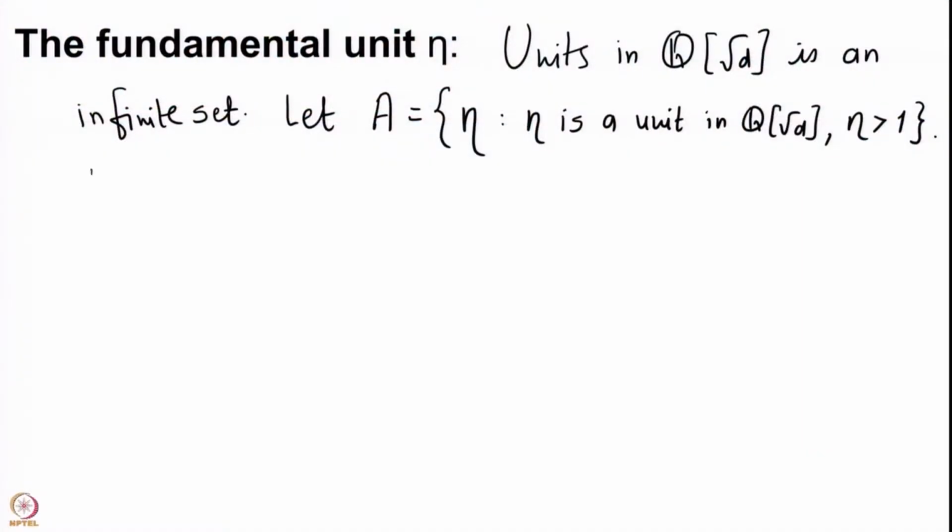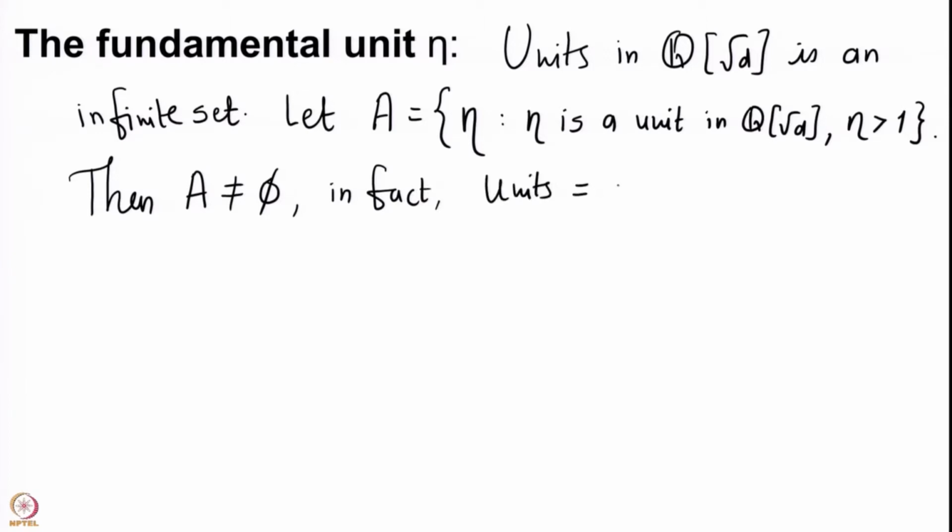So, then A is non-empty, and in fact the units is equal to plus minus A to the power plus minus 1. This is a way to denote that any unit has to be plus or minus eta or eta inverse, where eta is in A. This is what we mean.